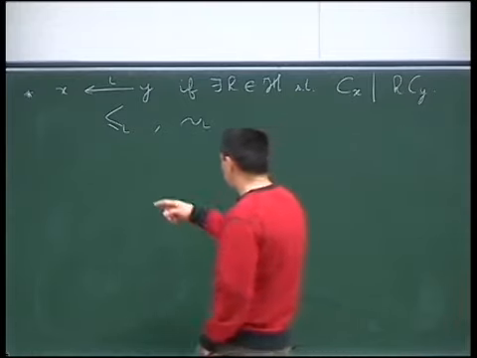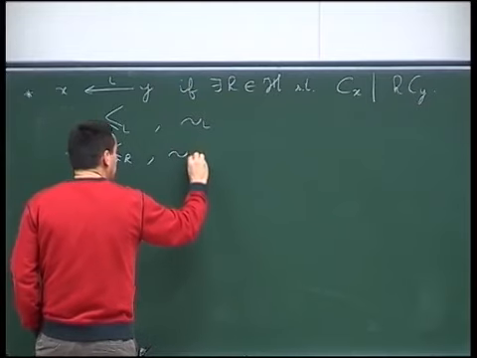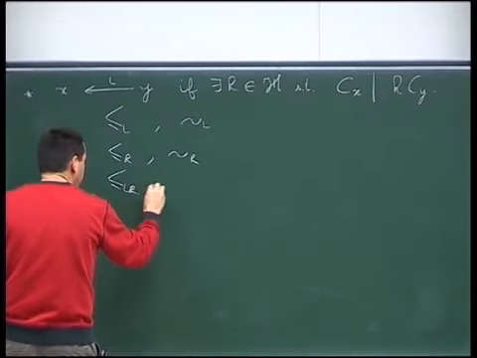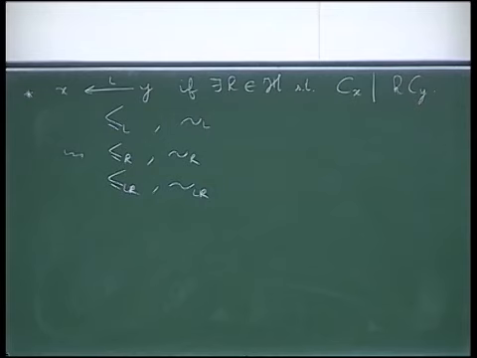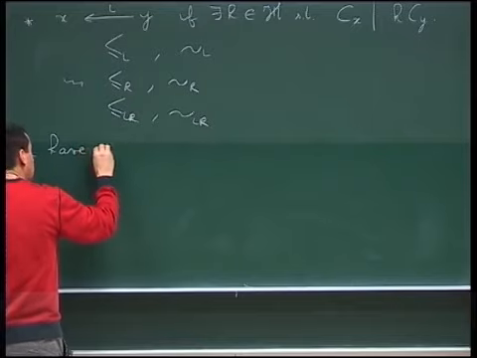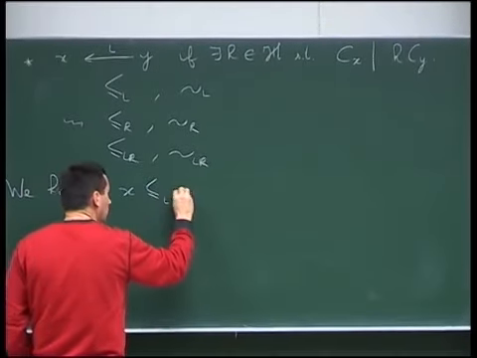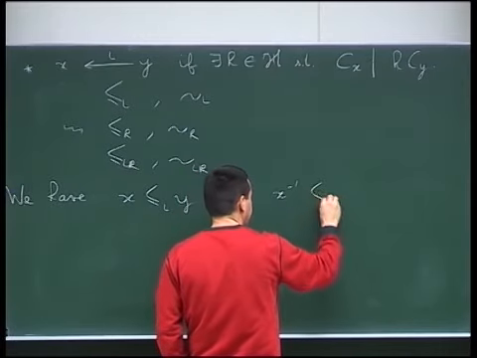And of course, one can define the right preorder and the right equivalence relation, and the left-right preorder and the left-right equivalence relation. And using the anti-automorphism, the left preorder can be computed in terms of the right preorder just by taking the inverse.